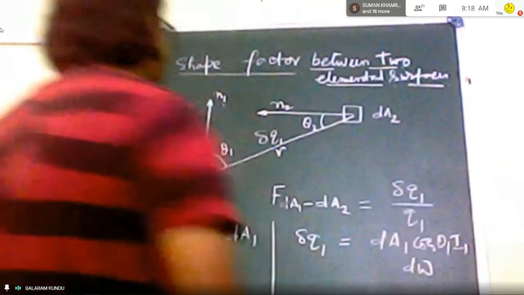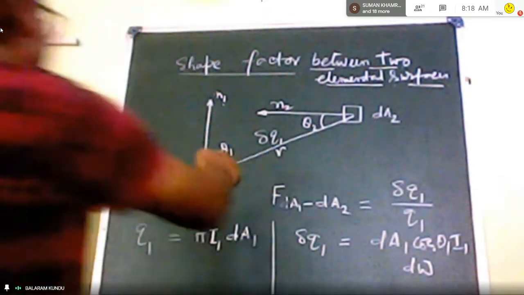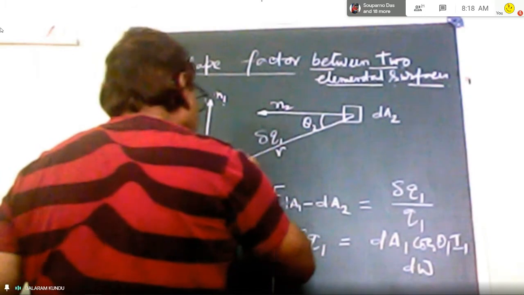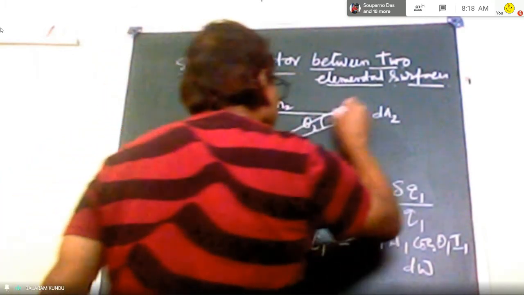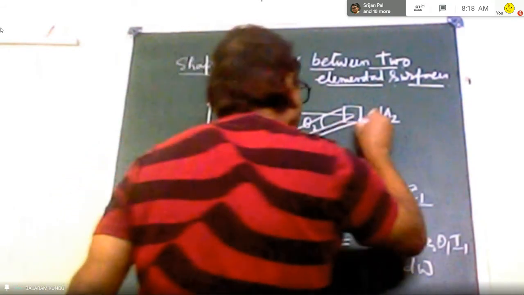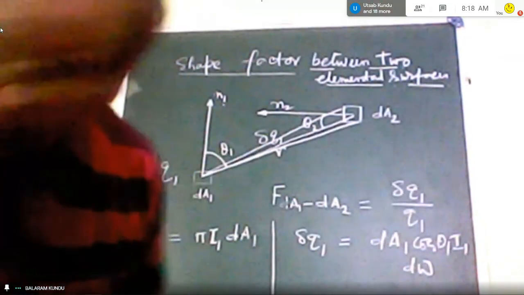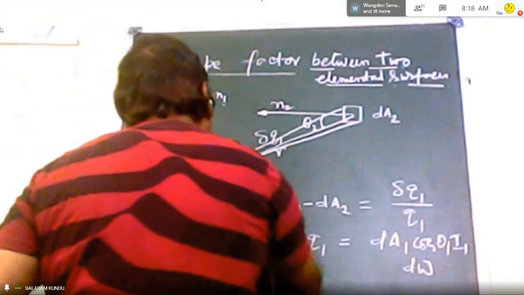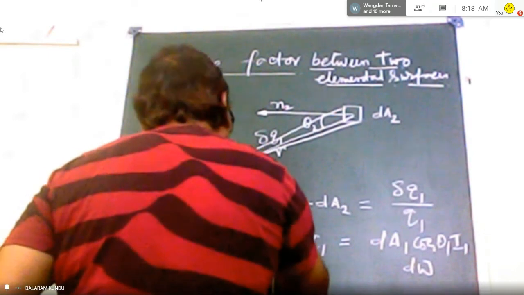What is d omega? d omega means here, at this point, the solid angle for the surface dA2. So this solid angle is d omega.